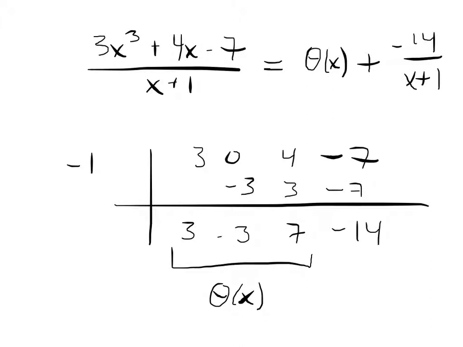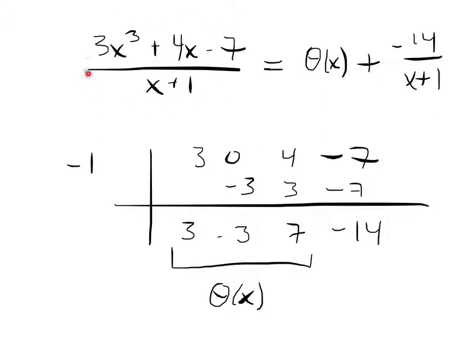So to see the remainder theorem in action, let's suppose we have some polynomial here divided by something in the form of x minus a. In this case, my a is going to be negative 1. If I do that division, I'm going to get some polynomial q of x plus a remainder over x plus 1.